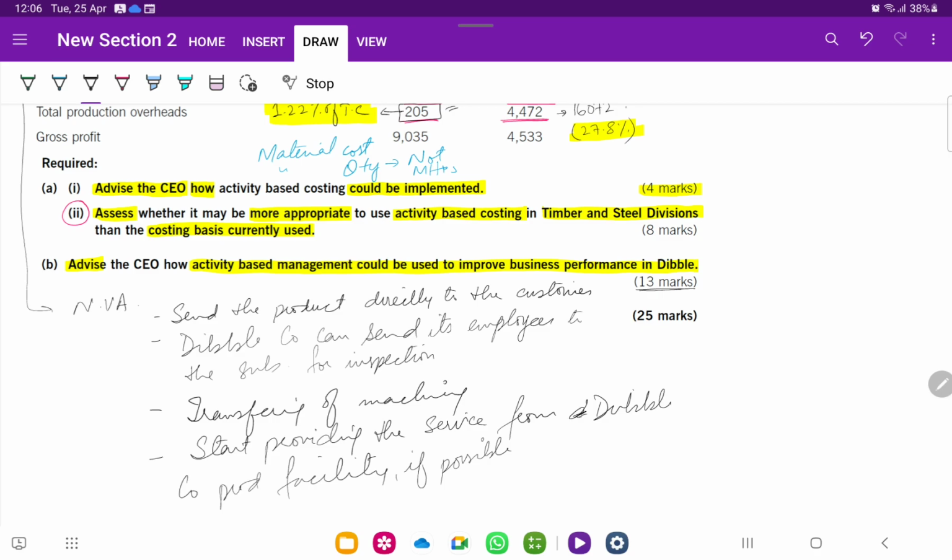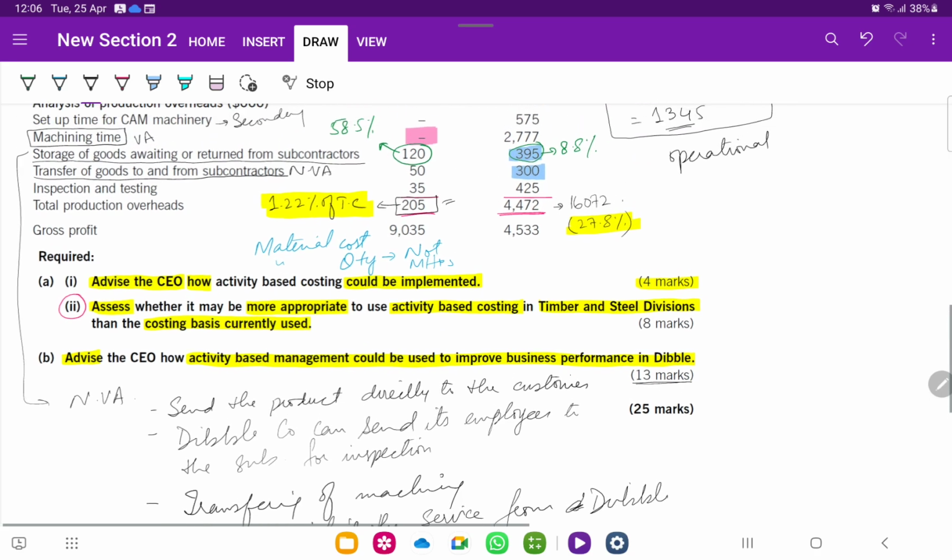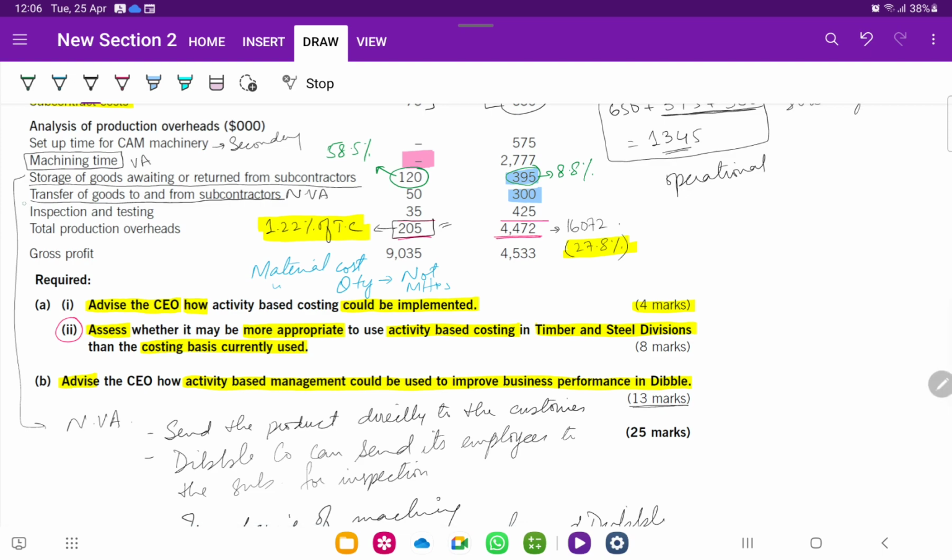If we have those capabilities, we can do that, because that will eliminate this transfer of goods to and from the customer. That will completely eliminate that. And we can also insist on taking services from the subcontractor only if he is doing the work perfectly, which is not the case here.